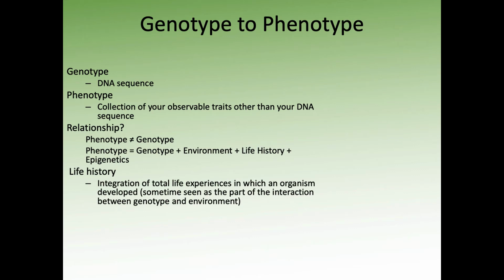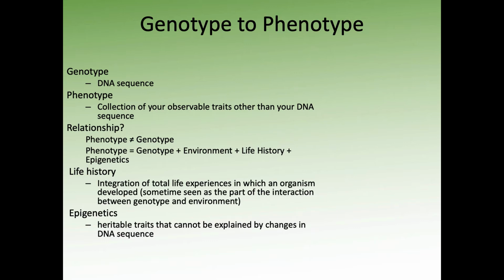One of the terms that you may or may not be familiar with, life history, refers to the integration of total life experiences in which an organism develops. And so this is sometimes seen as that interaction between genotype and environment. In other words, what you observe in an organism might be different depending upon whether a plant grows up in a lot of sun, or grows up without very much water, whatever the differences between genotypes.